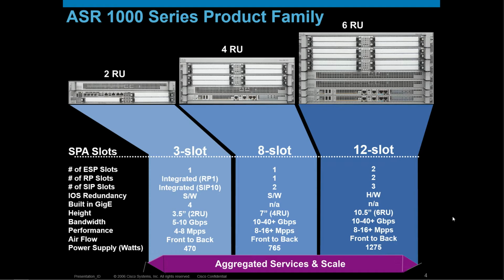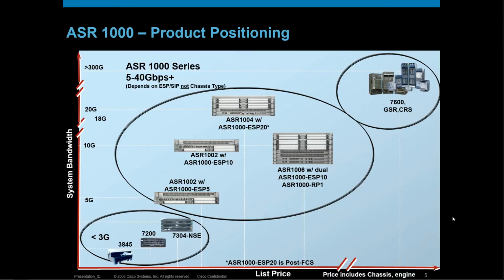Versus if we start looking at the larger 4 or 6U, we're looking at almost gigabit speeds, and again about 8 to 16 plus mega packets per second. That's millions of packets per second.